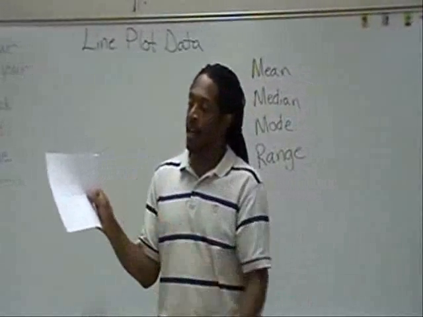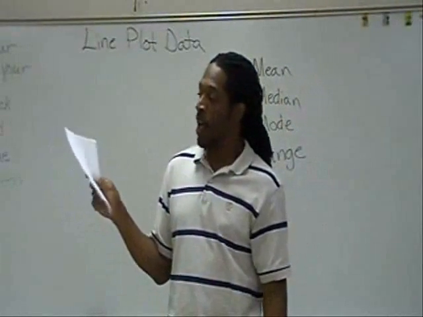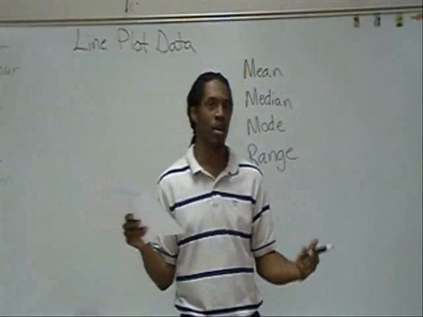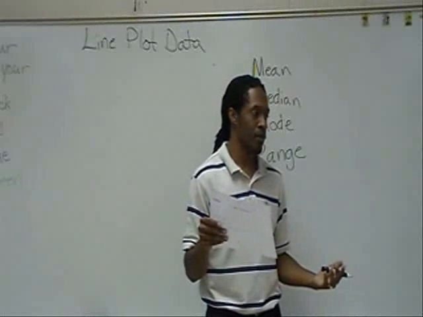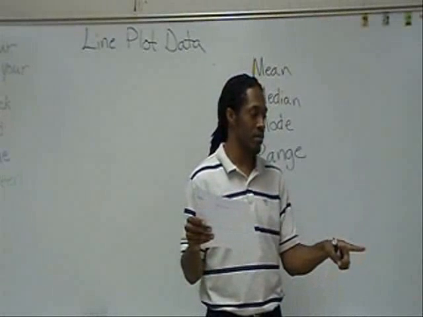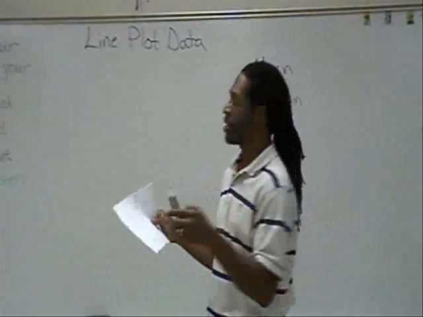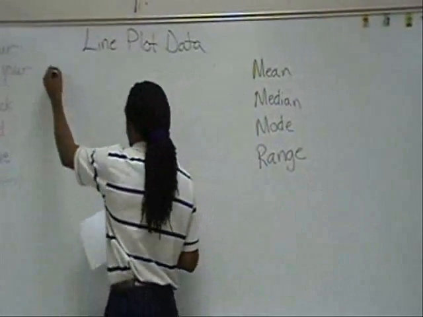Now, looking at our data, we have 1, 2, 3, 4 X's over 0. What does that mean? 4 people have 0 pets. So that data looks like this.